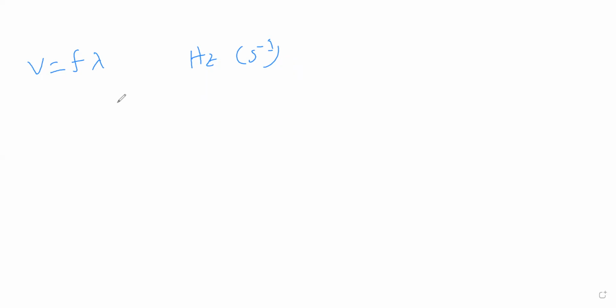Clear? And for a vibrating string, we have a formula: F, the tension in the string, is equal to mu lambda square f square. This is the formula for a vibrating string. How? V square equals F over mu, because mu is the linear density, mass per length.